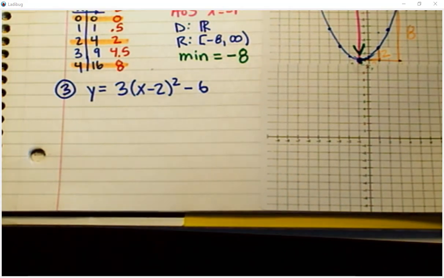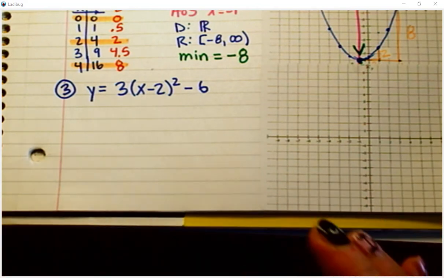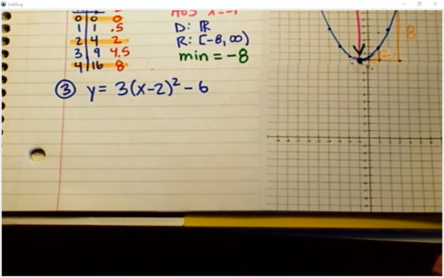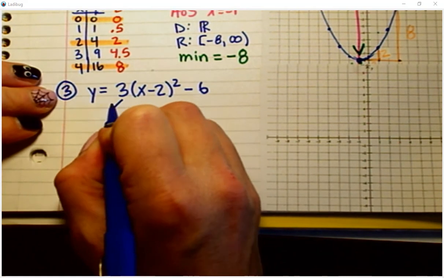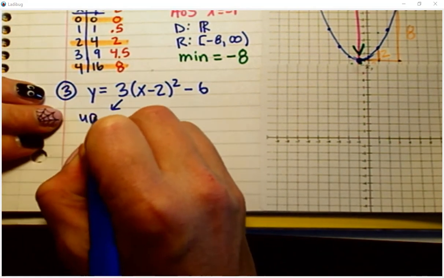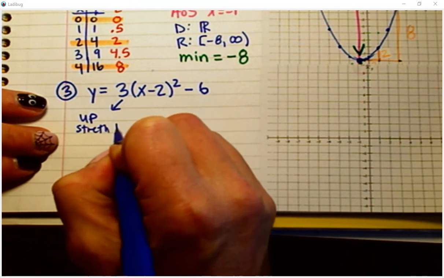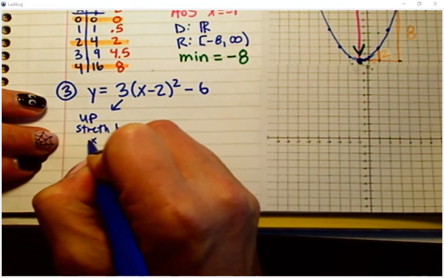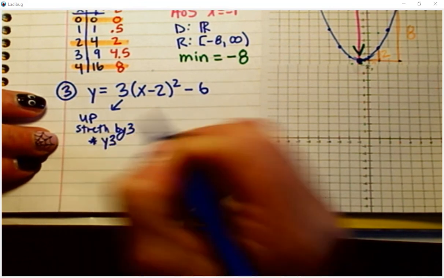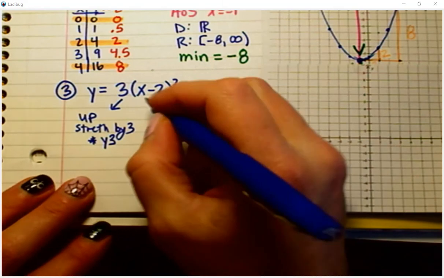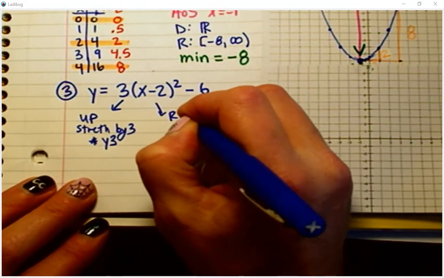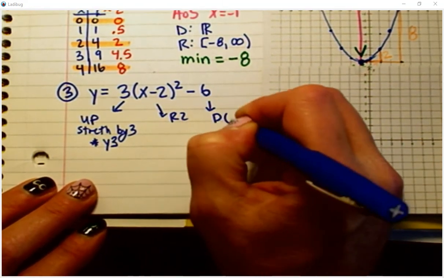While you're logging in, put your attention up here, because I'm going to graph it. We're opening up, and we're going to stretch by 3. So I'm going to times the y by 3.